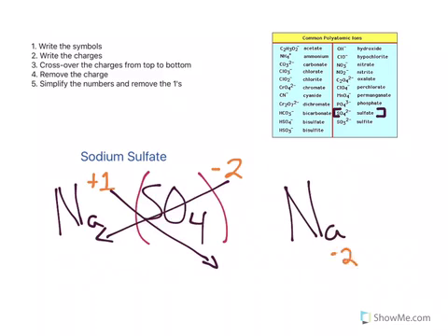Got my -2, I got my SO4, +1. I am going to keep my parentheses. This one should actually be on the outside. I'm going to remove my charges because I don't write charges in my subscripts.